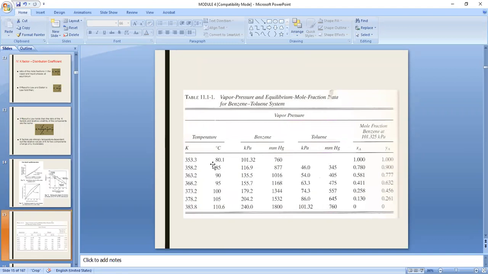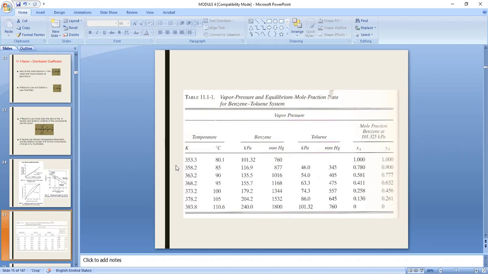So this is the temperature column. This is the vapor pressure, the pure vapor pressure of benzene and toluene based on temperatures here. And you have two sets of values for different units. And you have here the relationship between XA and YA for this system, benzene and toluene.